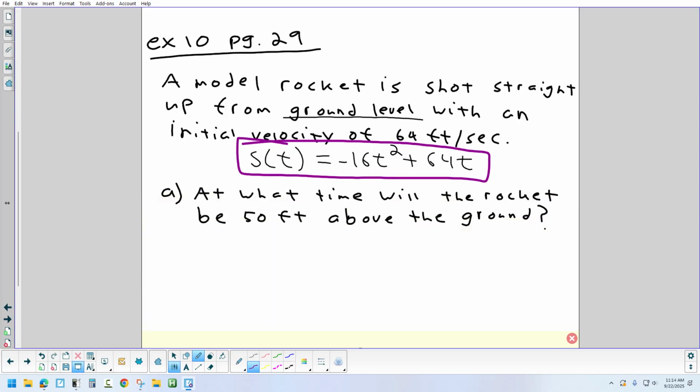At what time will the rocket be 50 feet above the ground? So they're giving me one more piece of information. 50 feet. Now we have to fill that into our formula as well. Where's the 50 feet going to go?